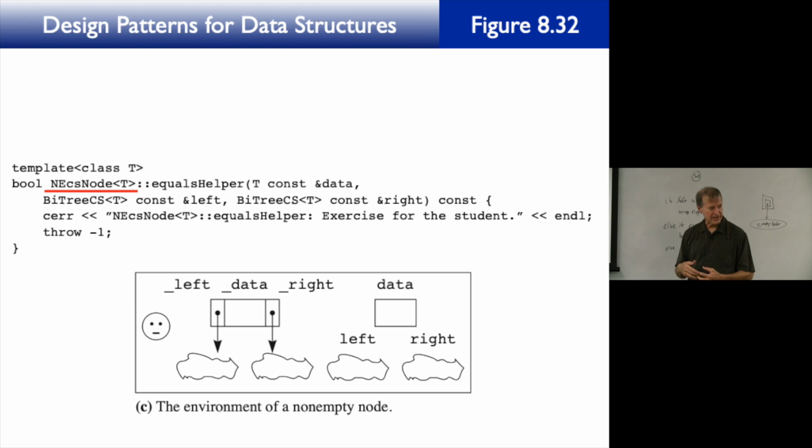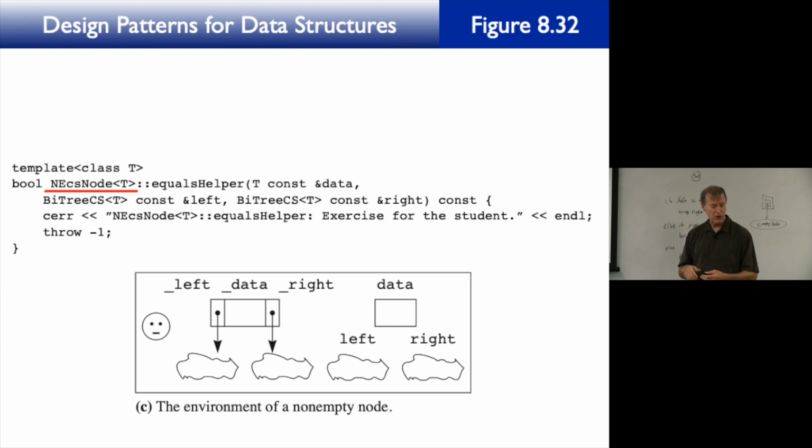They are our data members. In C++, these are called data members; they're also called instance variables. They have so many names. But anyway, they are attributes. And also we have data and left and right that were passed as parameters. Are you with me?